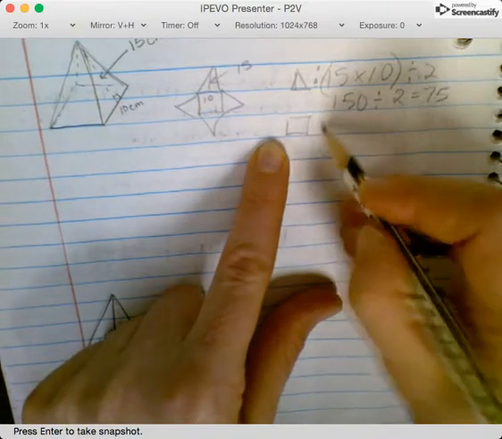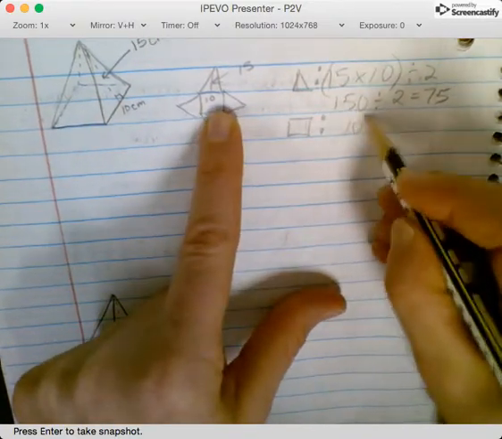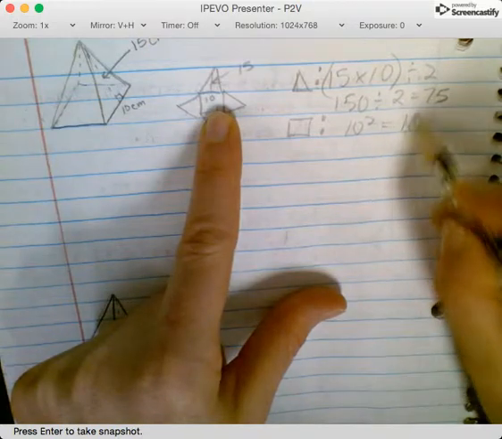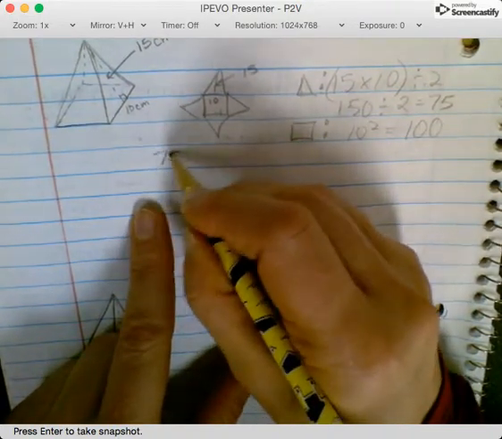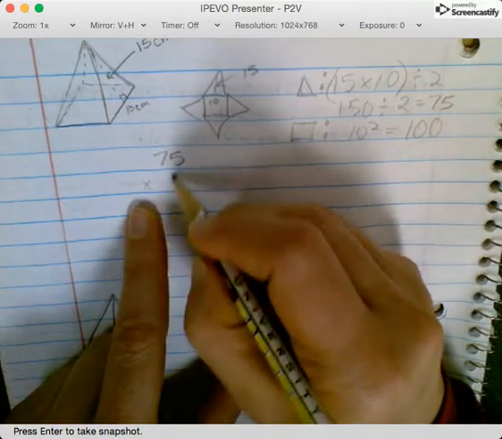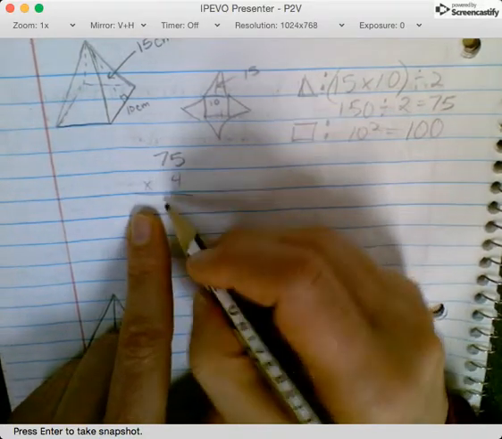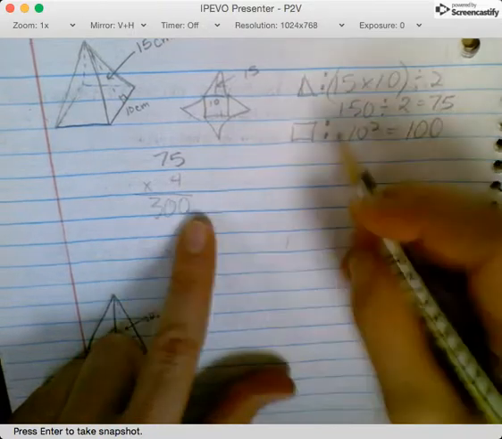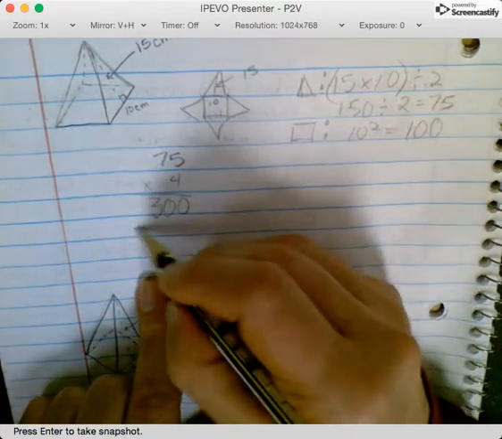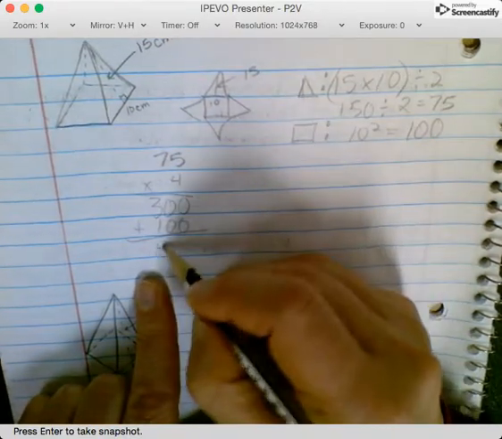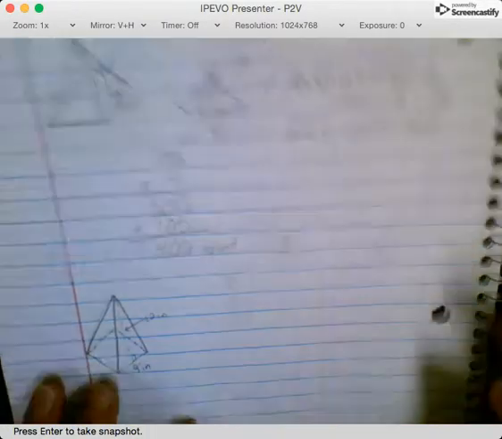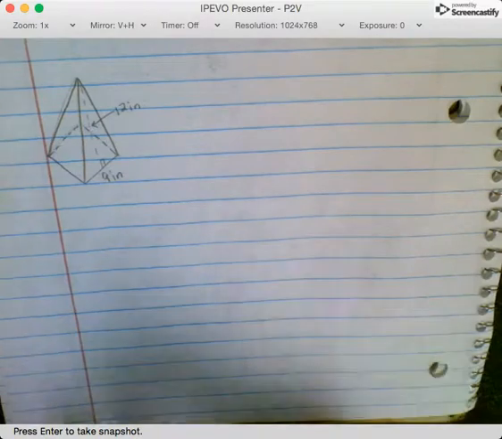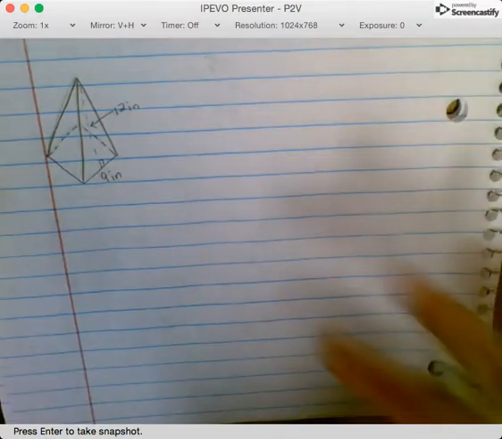My square is 10 squared, which is equal to 100. And then I have 4 triangles, so I take 75 times 4. I get 300. And then I just add 100 to that, and that gives me an area of 400 centimeters squared.